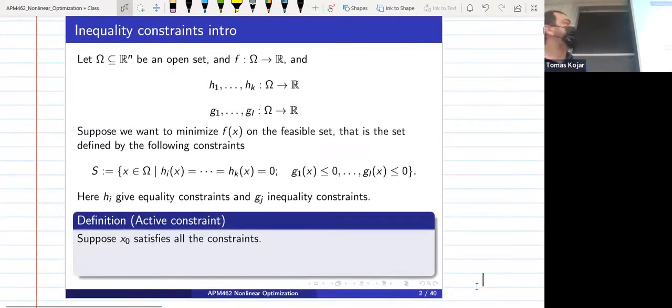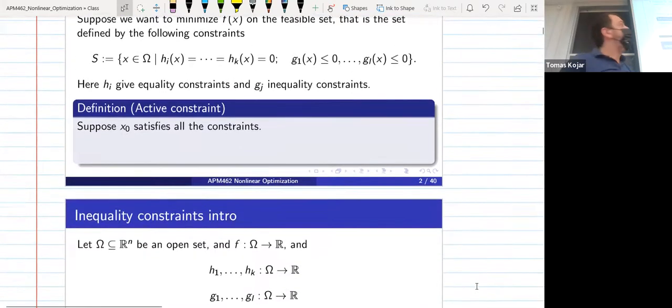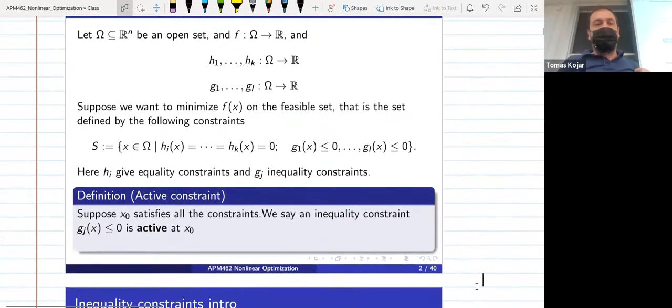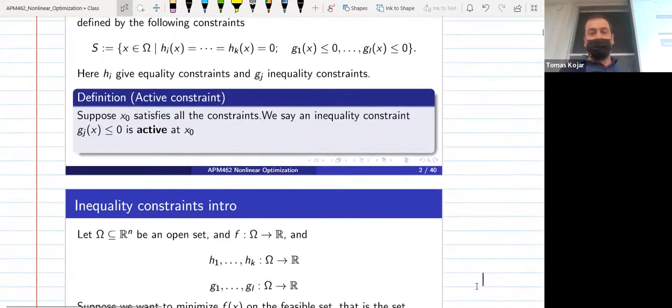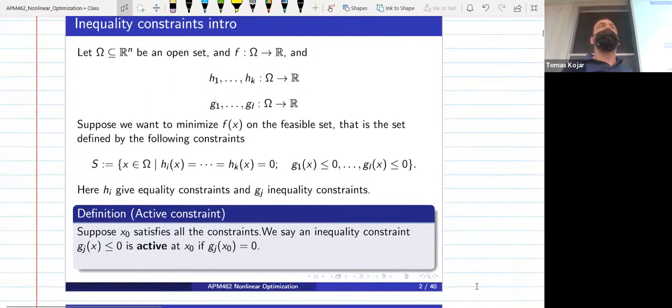What's an active constraint? This is a nice notion that will make your life very easy. Suppose X naught is in the feasible set. We call this the feasible set. Then we call a constraint active if it's 0.